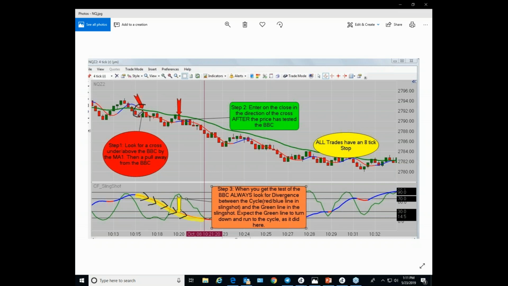So along with the bearish cross, which was step number 1, and the market doing the normal thing and reacting off of it, which is step 2, the momentum is saying we're going down.